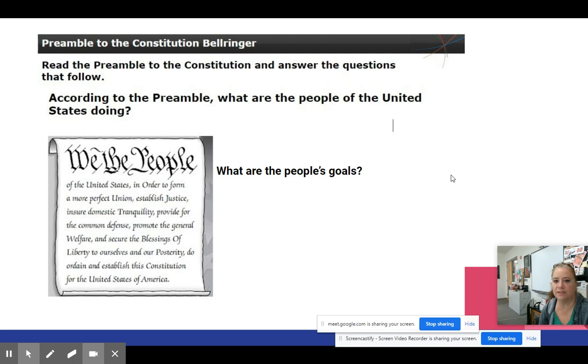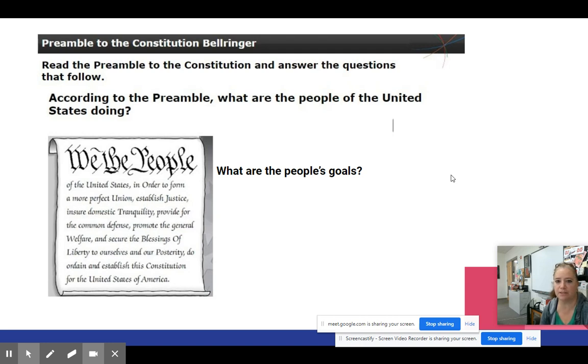Domestic tranquility means that we ensure that the people in our nation get along and can work together for the common good. Common defense would be providing defense of our nation with our military. Promoting the general welfare is making sure that if people can't do for themselves, the government steps in to help.